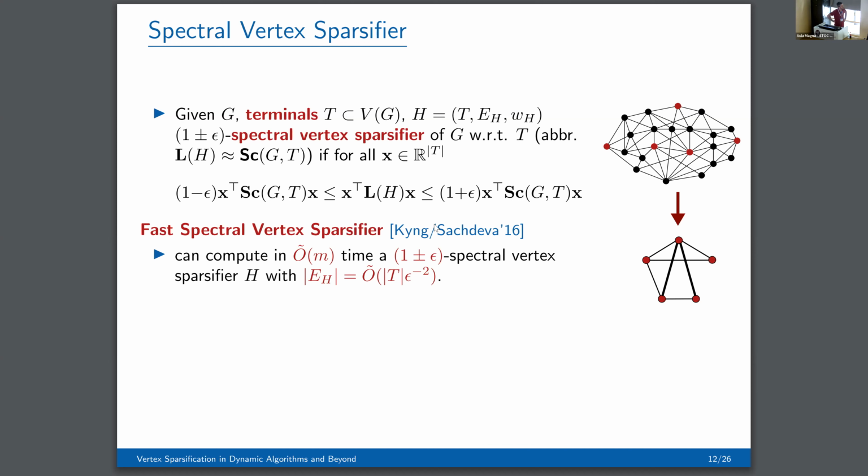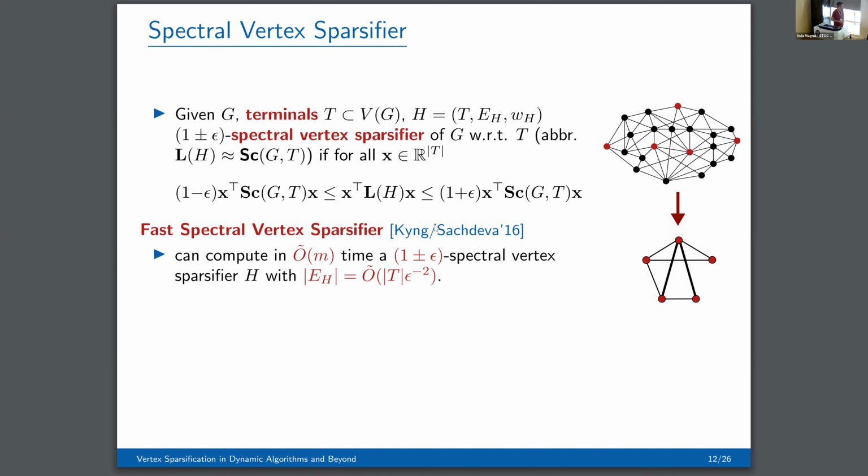Instead of putting a clique on the neighborhood, you put some carefully chosen random graph, and you also do a random permutation on the elimination. This ensures that you can compute in near linear time a high quality spectral vertex Sparsifier, and the size is almost optimal up to some log factors, because T is the number of terminals that you care about, and this 1/epsilon square dependency is inherent in the spectral approximation guarantees.